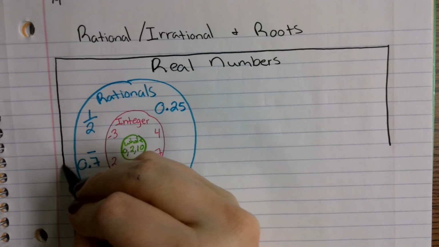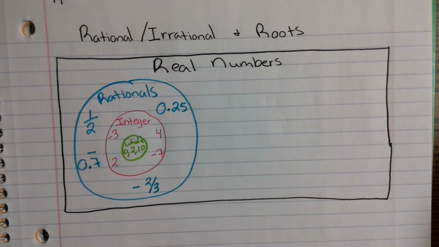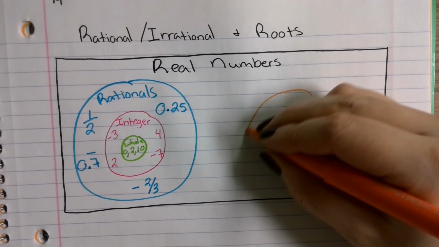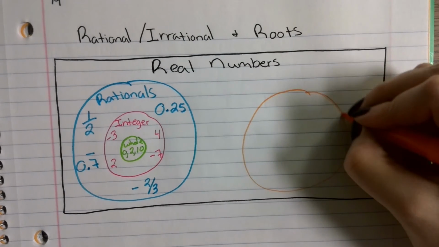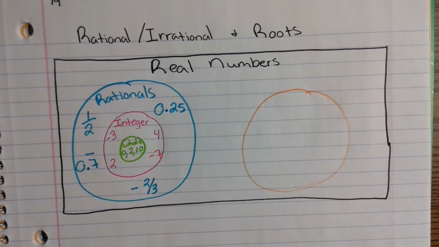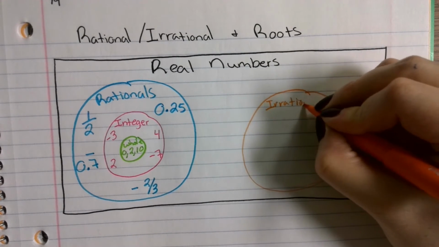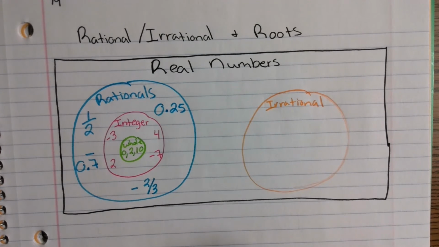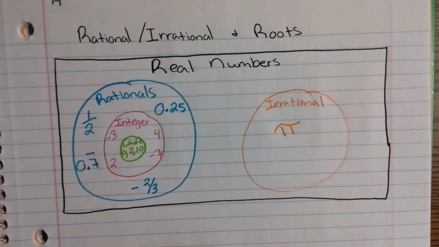Now, beyond this scope, you also have your irrational numbers set. And the irrational number set is just its own individual set inside of the real numbers. And with our irrational numbers, you have values like pi. Pi is considered to be an irrational number. It's probably one of our more famous ones.